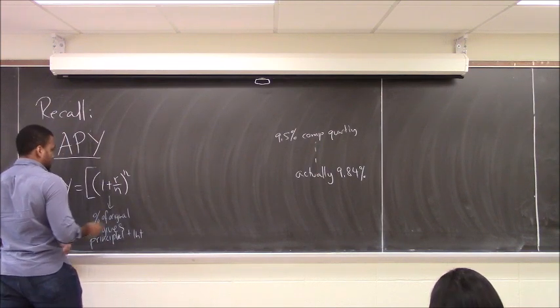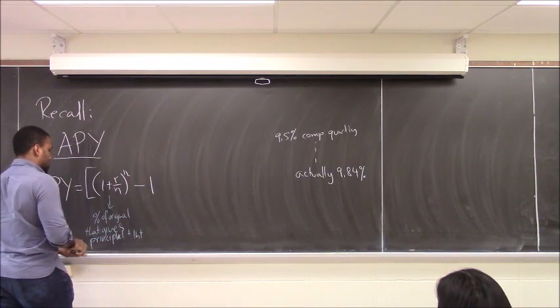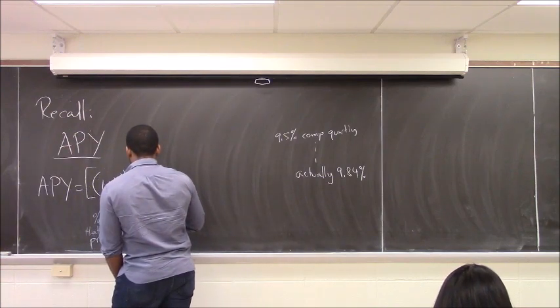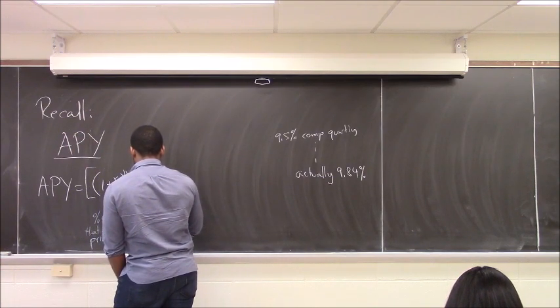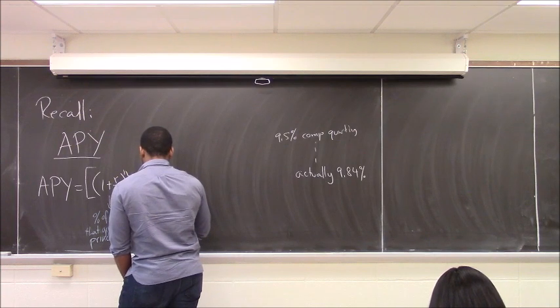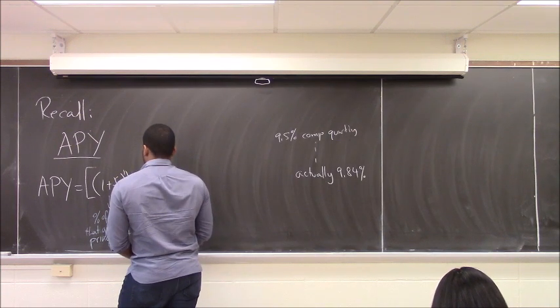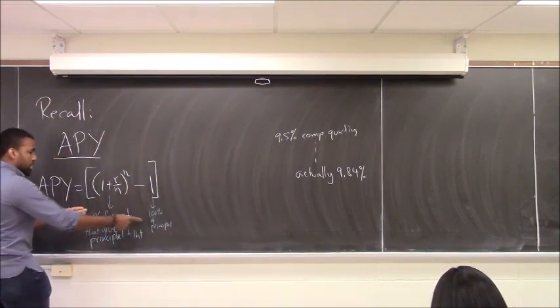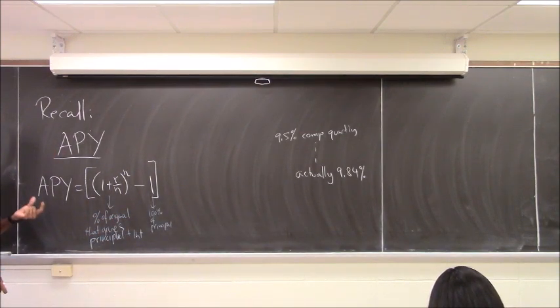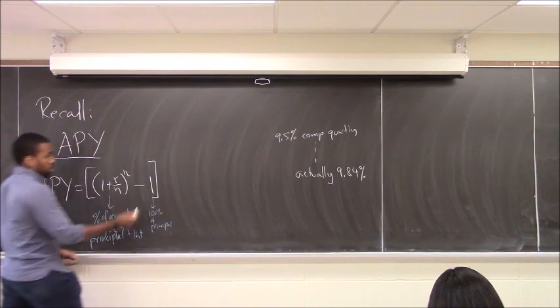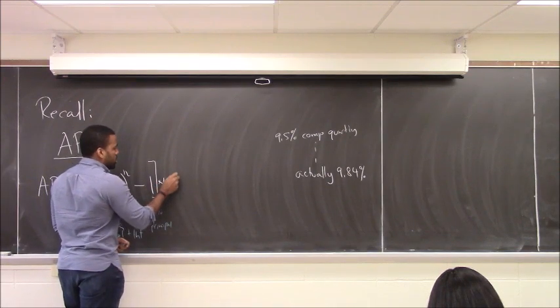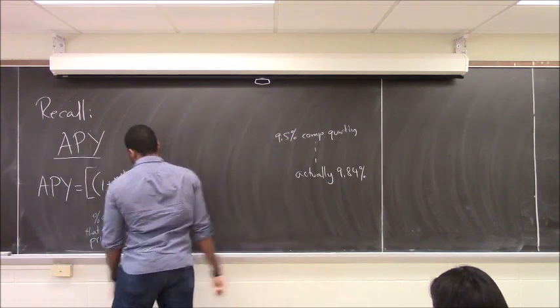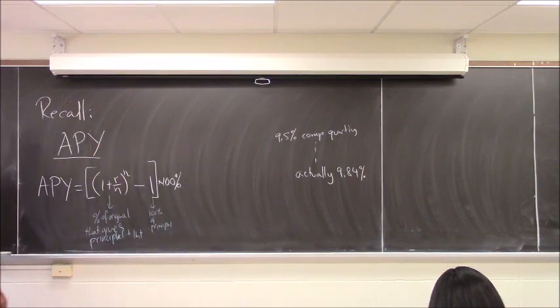And then what we did is we subtract 100% of the original amount. If we find the difference between these two, we get the actual percentage that comes from interest itself. And we multiply that by 100%, just to write it in nice percentage terms like this, and that's where we sort of ended.